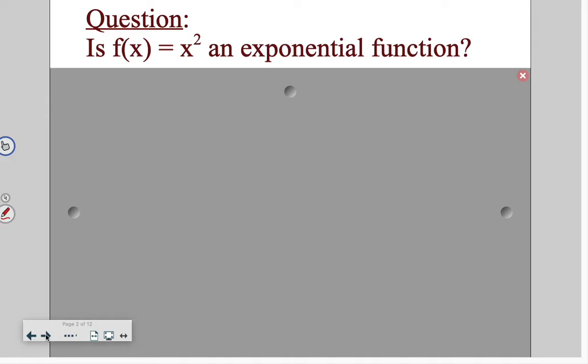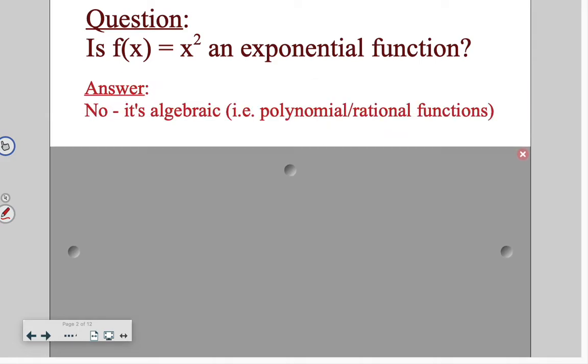Here's the answer. Here's what I'm getting at. This is just to see where we're at, because instincts right away are exactly what happened. It's got an exponent, so it's exponential. It's not exponential. It's algebraic. It's a polynomial function. Linear, quadratic, cubic, all of those kind of things. Those are algebraic. Even rational functions that we just finished up.